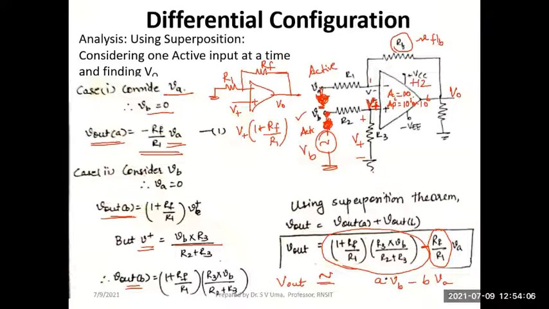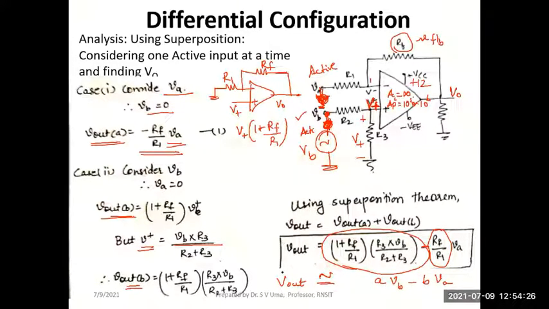The input VB is scaled by a different factor. Scaling means multiplying. VB gets multiplied with a different factor, 1 plus RF by R1, R3 by R2 plus R3. And the input VA gets multiplied or scaled by a different factor B, which is RF by R1.